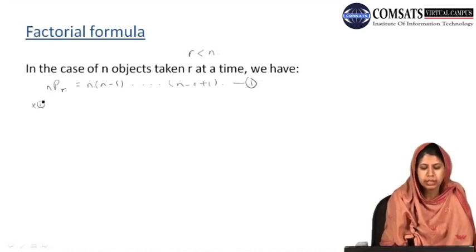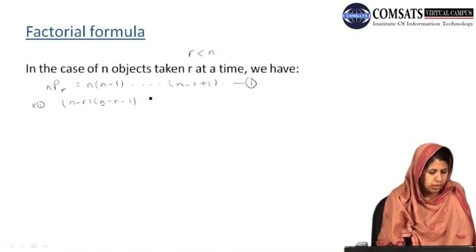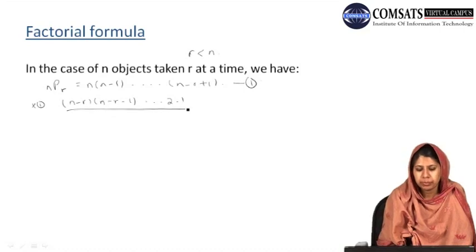Then multiplying our equation 1 by n minus r, n minus r minus 1, and so on up to 2 into 1.